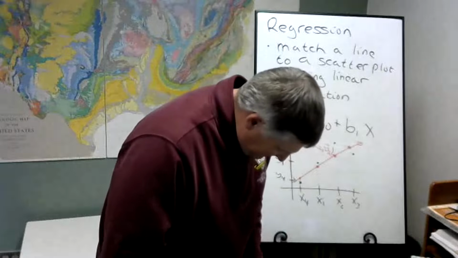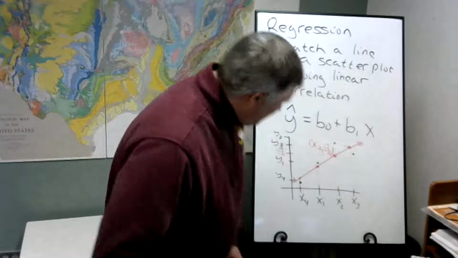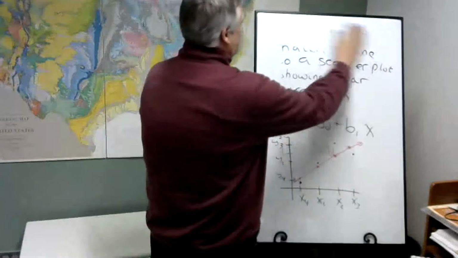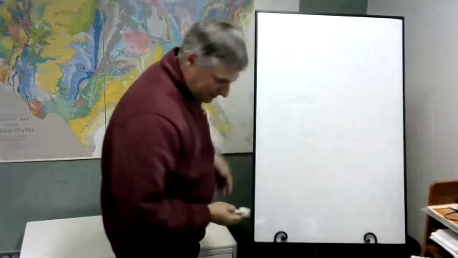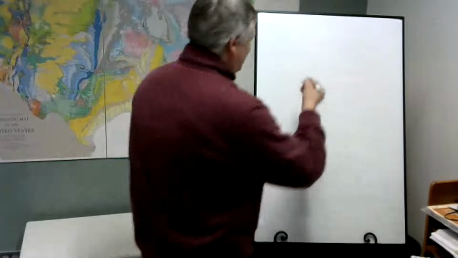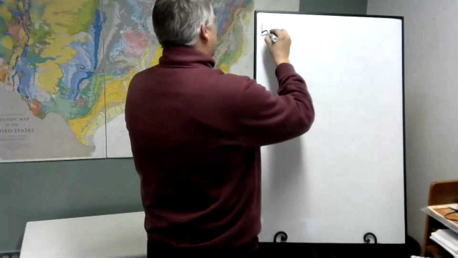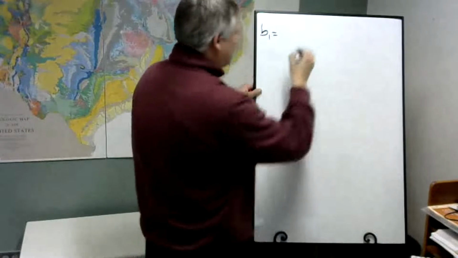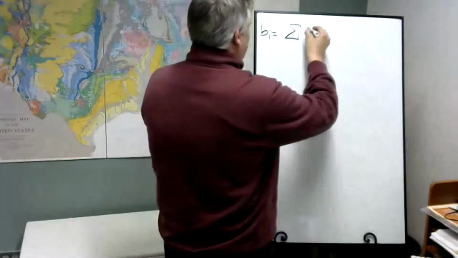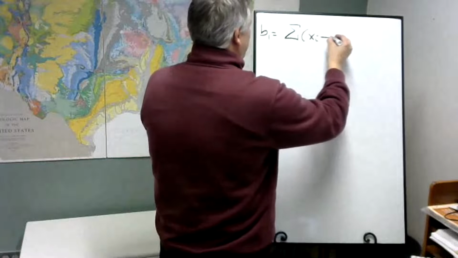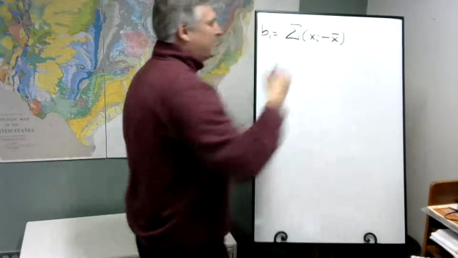All right. Now, where do we get b1 and b0? Well, they are from computers. And here are the formulas for them. B1: this is another of those sigma sums. It's an x data point minus the average of all the x data points.